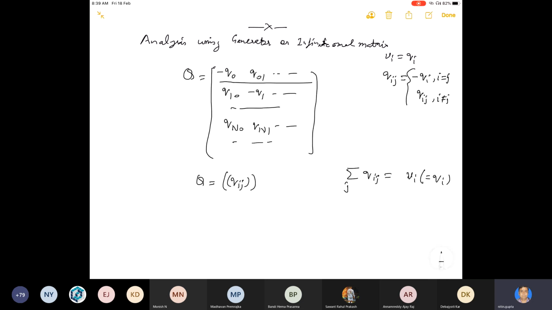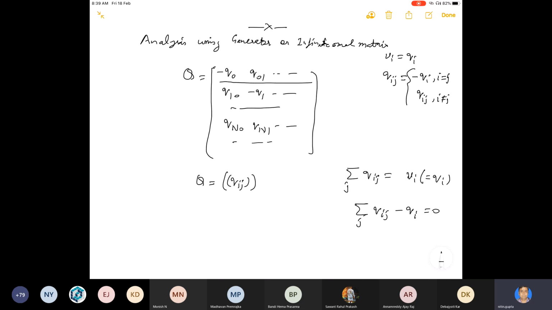That means summation over j of Qij, okay, minus Qi is 0. Okay, that means this summation is 0.